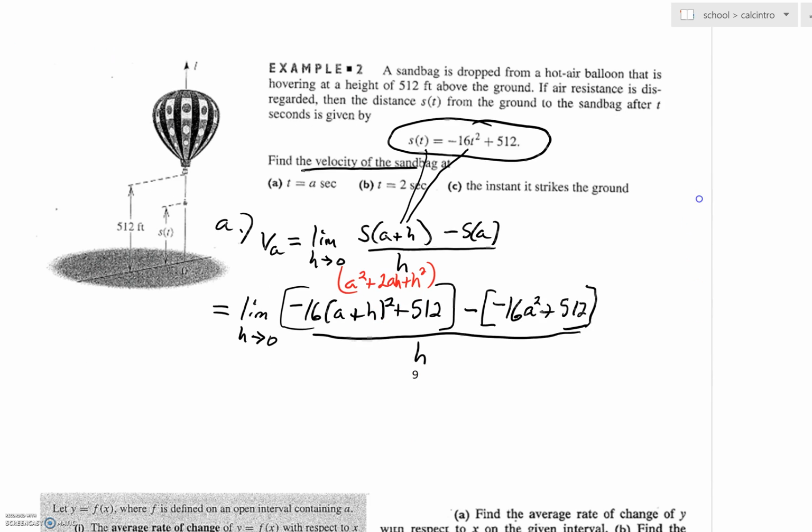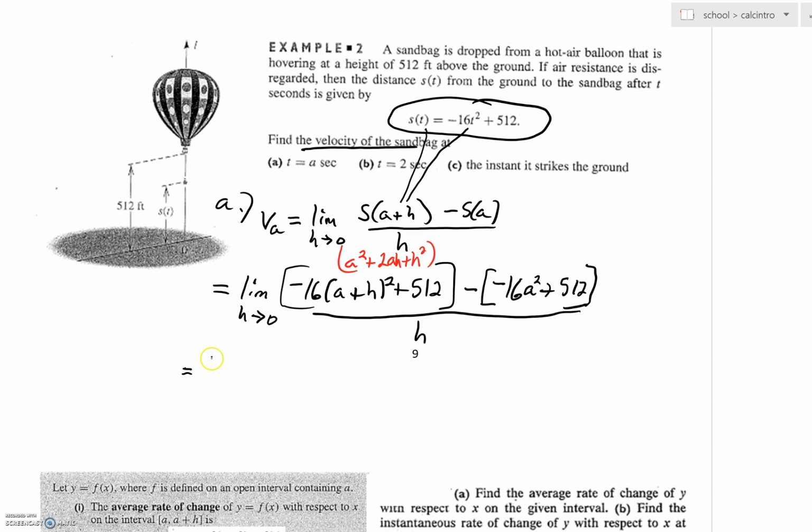So let's see if we could work that out. As you're cleaning this up, you'd get negative 16a squared minus 32ah minus 16h squared. You've got your plus 512, but now I'm going to distribute this negative to both of these.